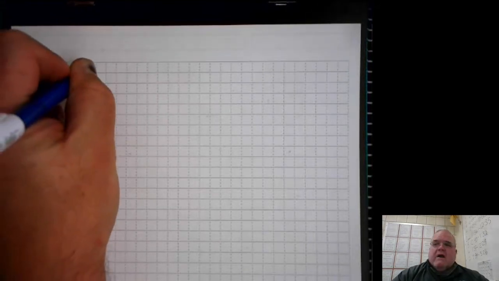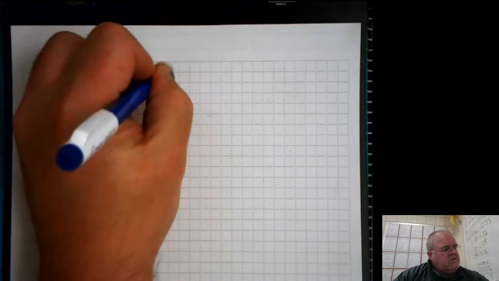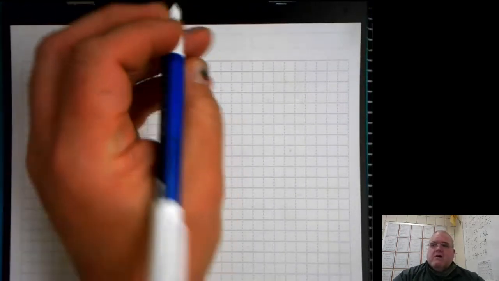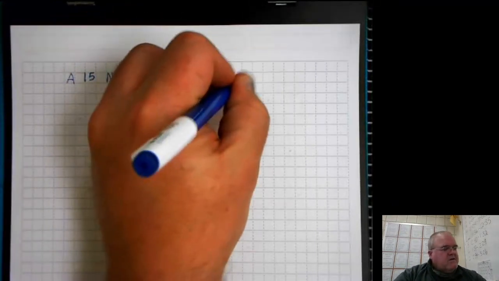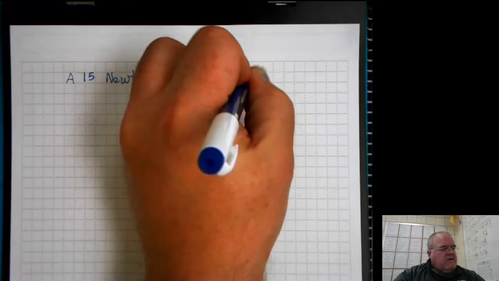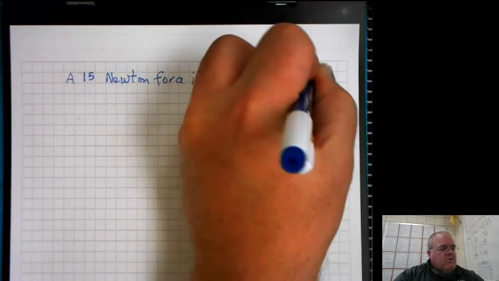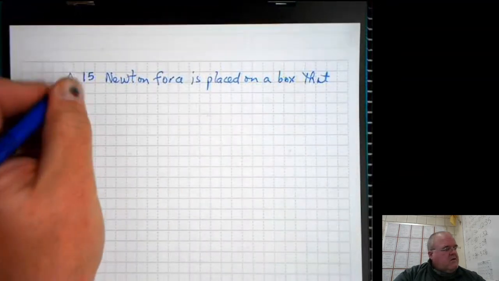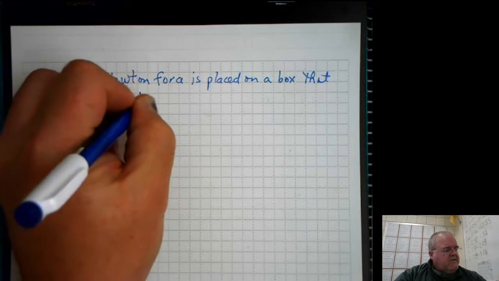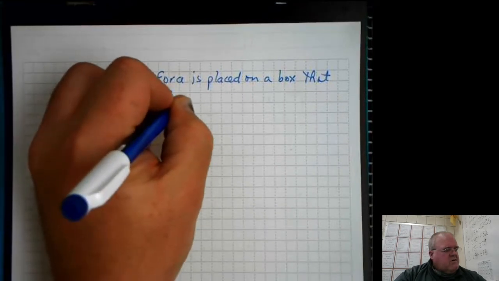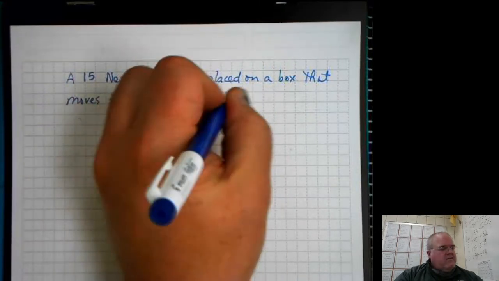A 15 newton force is placed on a box that moves the box forward. Draw the situation.